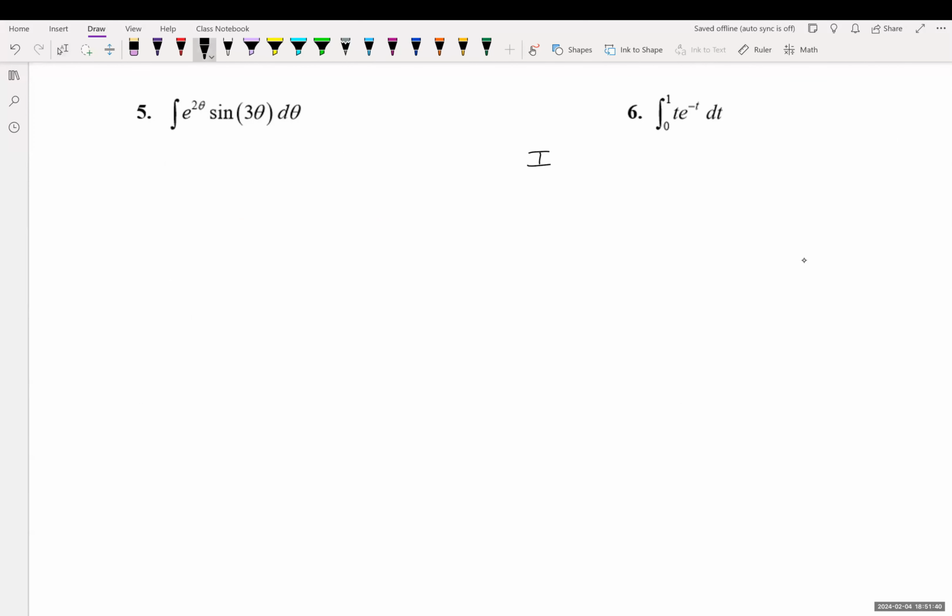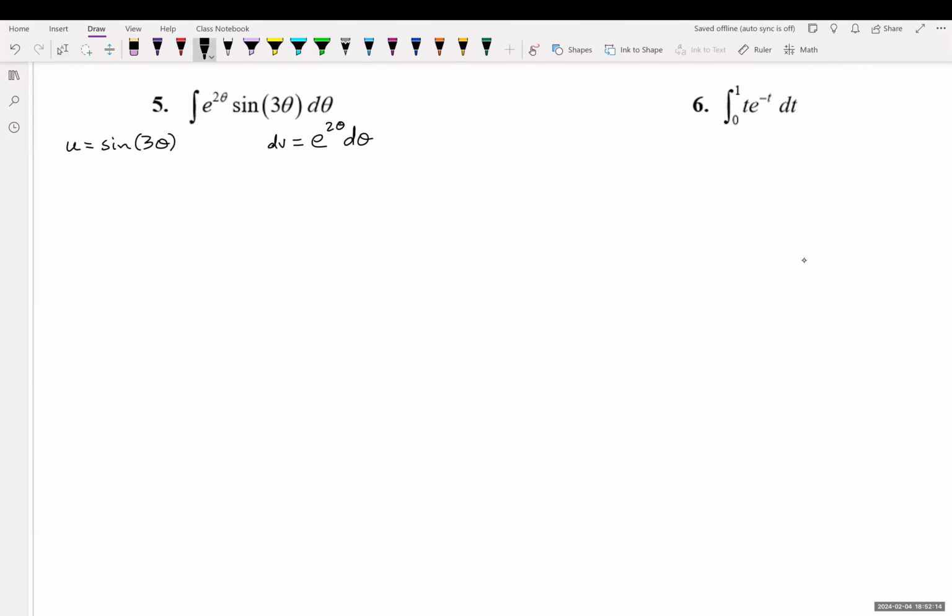So if we think of I-late again, we have no inverses, no logs, no algebraic functions, we have a trig function and an exponential. So I'm going to go ahead and let our u equal the sine of 3 theta and dv equal to e to the 2 theta d theta, like that. That means du is equal to 3 cosine 3 theta d theta.